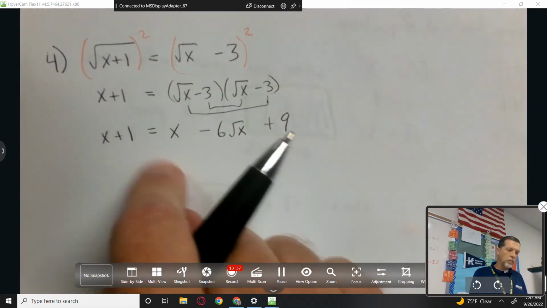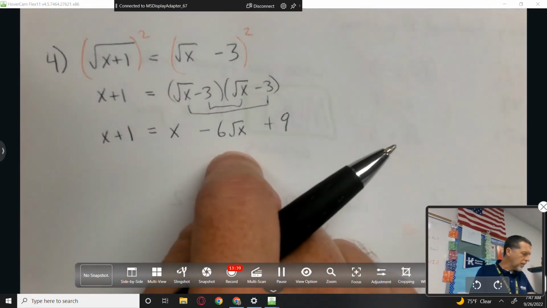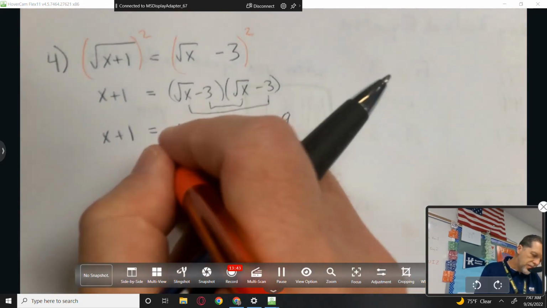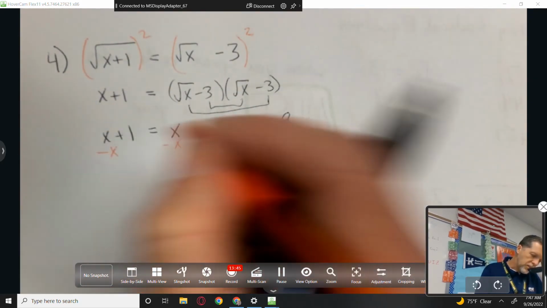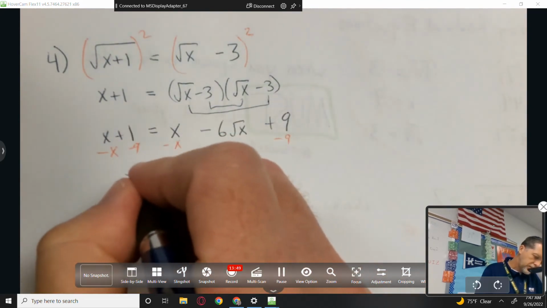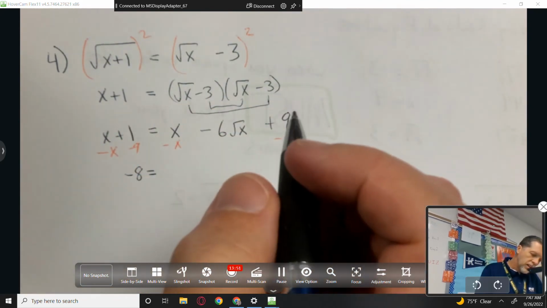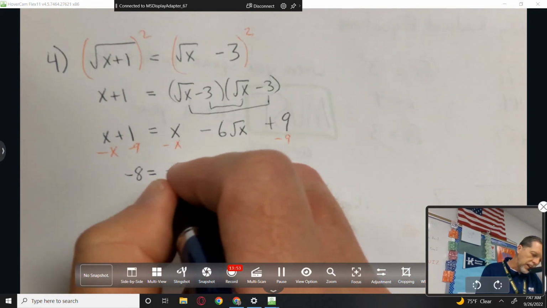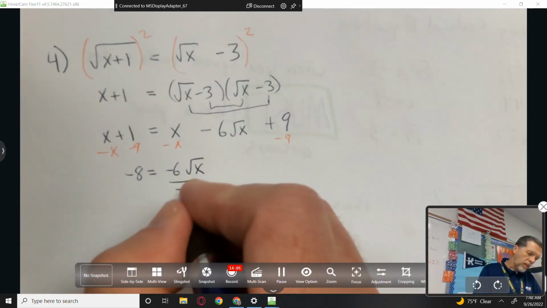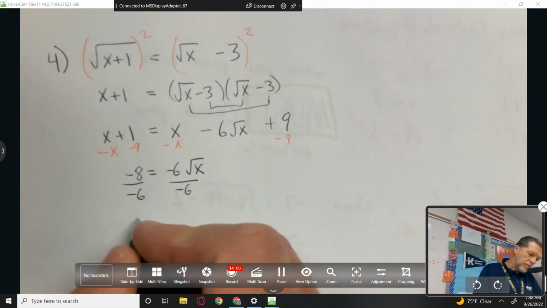So let's rearrange things to get that square root by itself. Let's subtract x, subtract 9. Negative 8 equals negative 6 square root of x. Divide by negative 6.